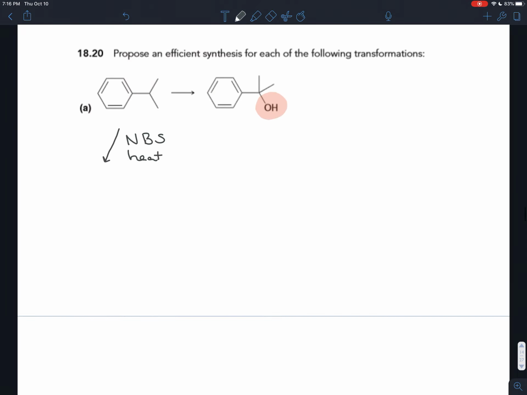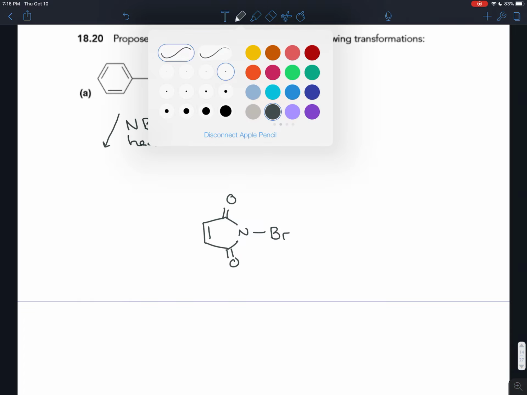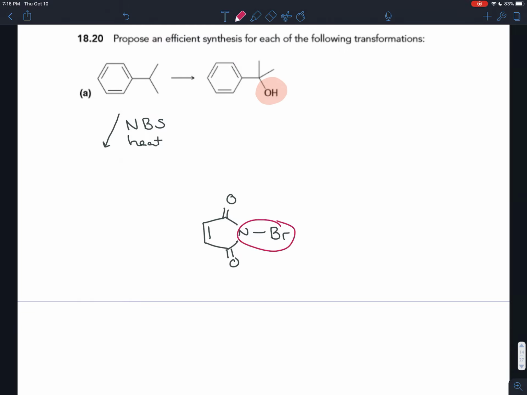If you have N-bromosuccinimide, what that looks like is this molecule here. And if you heat it up, this bond between the nitrogen and the bromine is able to form a very reactive intermediate. It's able to form radicals. The electrons in that bond, there are 2.